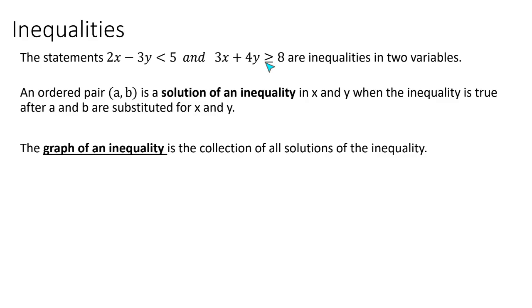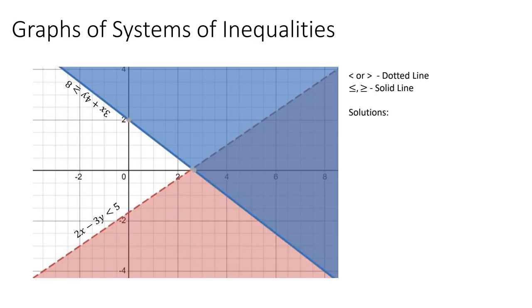That is how we know that it's an inequality. An ordered pair (a, b) is a solution of that inequality if, when you plug in the a and the b for x and y, you end up with a true statement. We'll look at what I mean by that in the next examples.